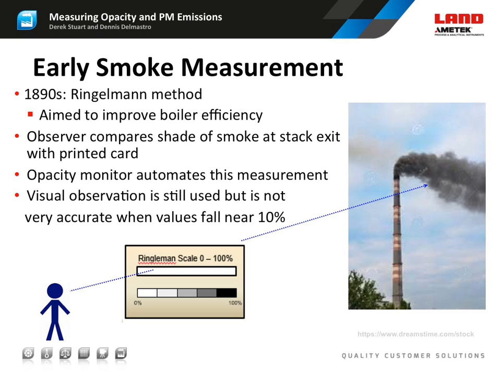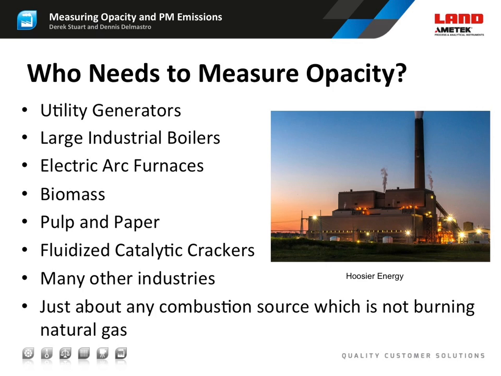A human visual emission reader is still used at a few small industrial locations today and is characterized as Method 9 per the USA EPA. Who needs to measure opacity? Well, in general, just about every industrial source which is burning fuel has a requirement to measure opacity or PM emissions.